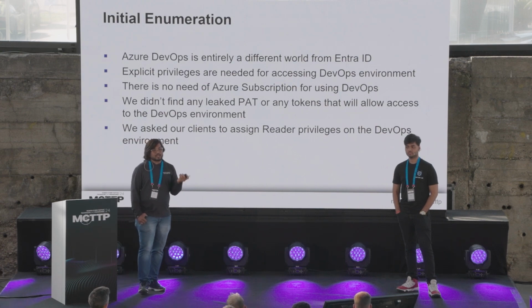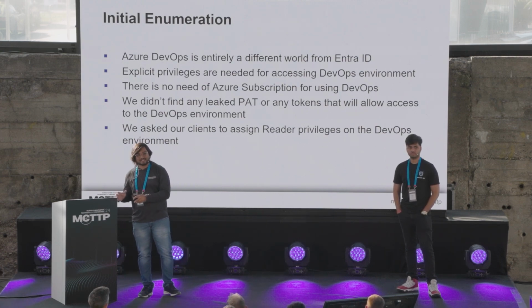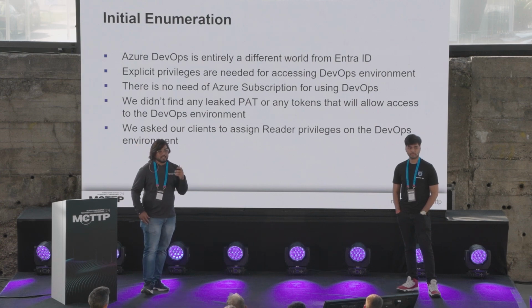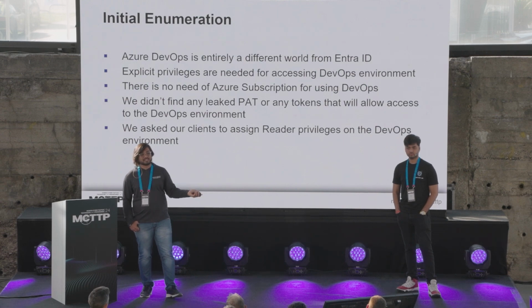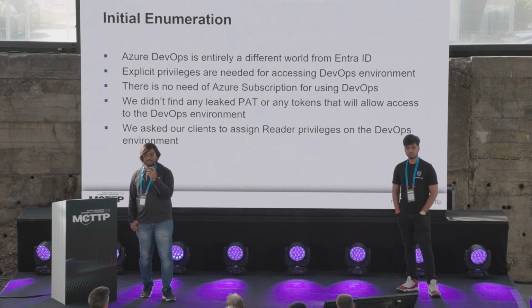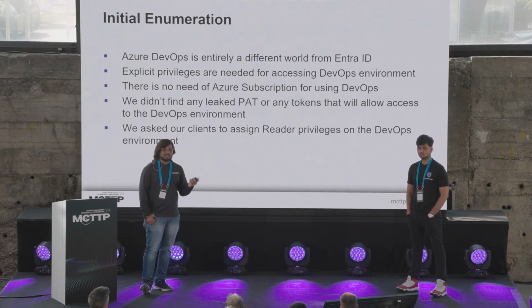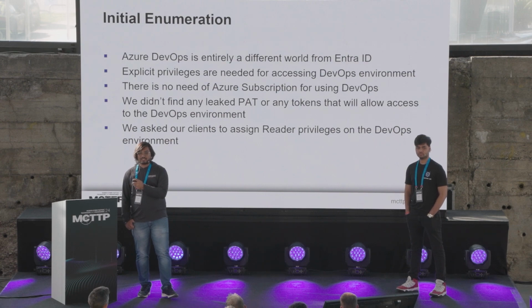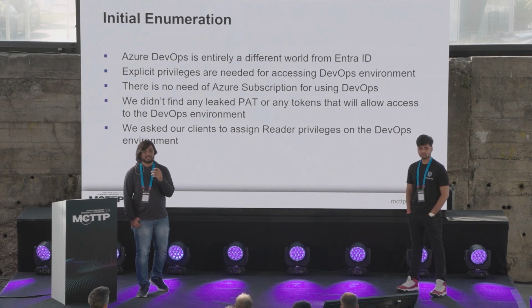Because the IAM policies and access control in Azure DevOps work a bit differently, you may or may not have direct access as a reader user to the DevOps environment. So we started hunting for specific values like PAT tokens, that is, personal access tokens, and any credentials we might have missed that could give us access to DevOps, but we did not find any during the hunting process.